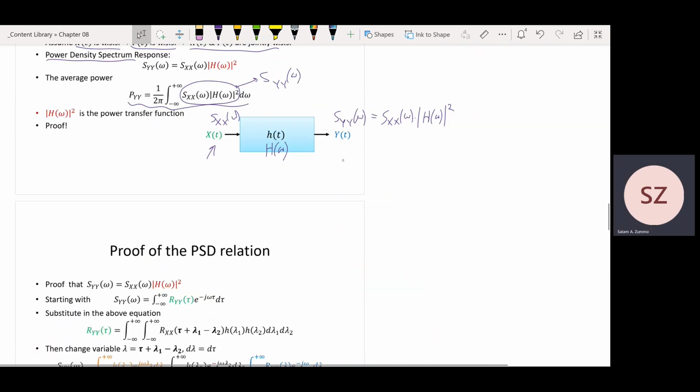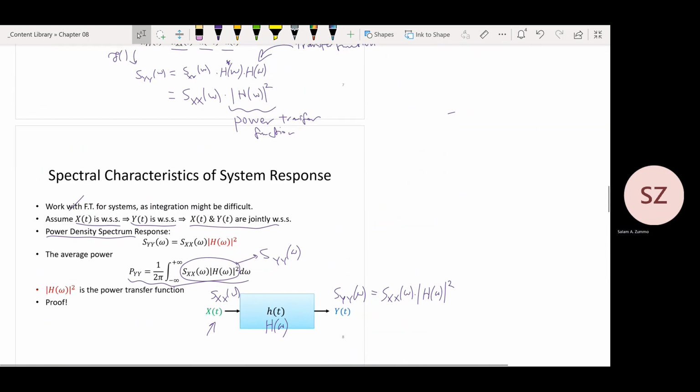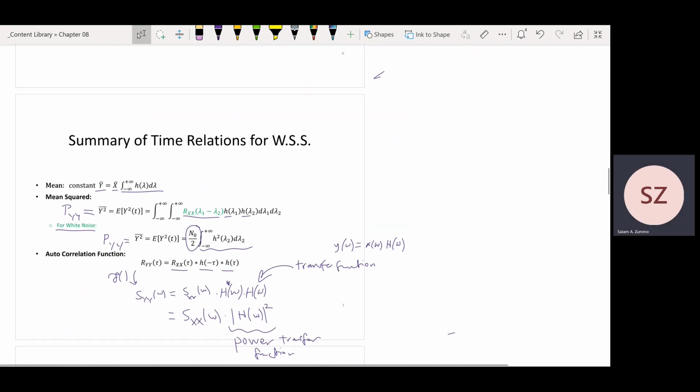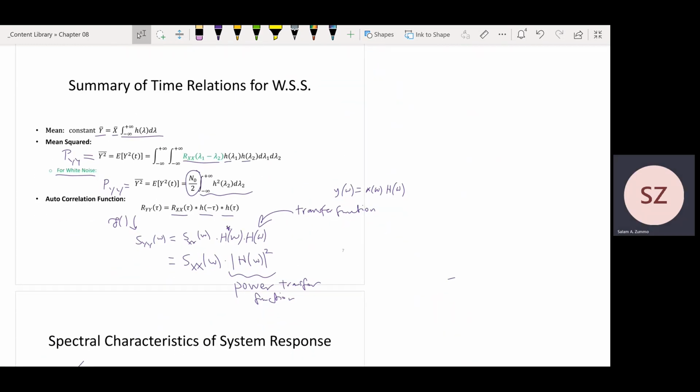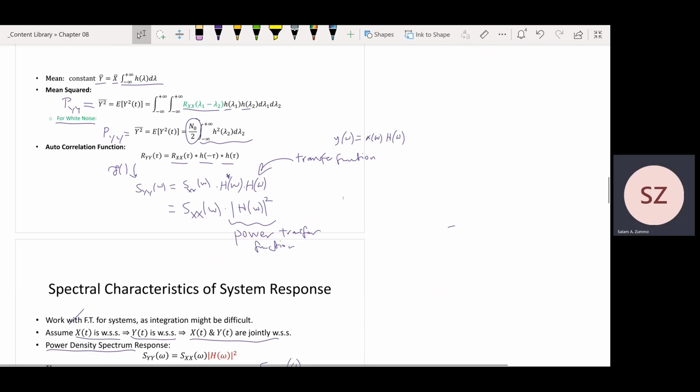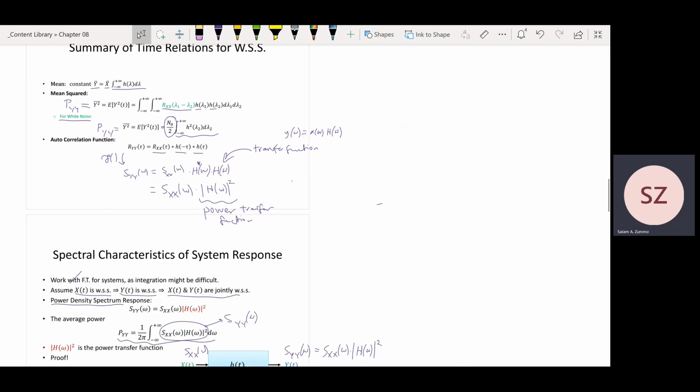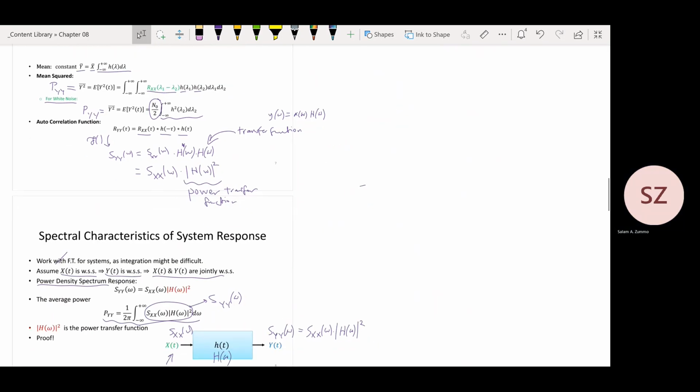This equation, and basically the output spectral density equals the input spectral density multiplied by the power transfer function, and the relationship between the output mean and the input mean, and the output power and the input, and the autocorrelation function, which for white noise was given. So this is roughly the summary of chapter 8, what you need to know about chapter 8.